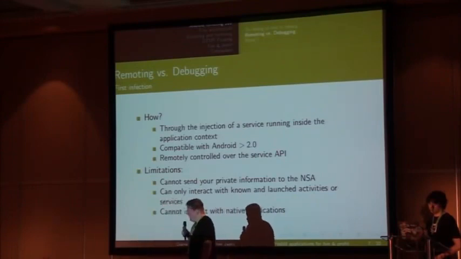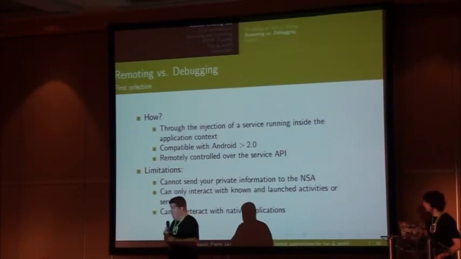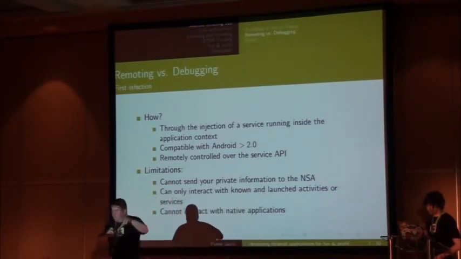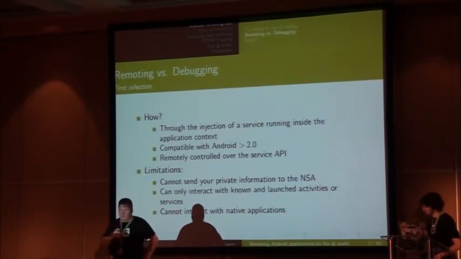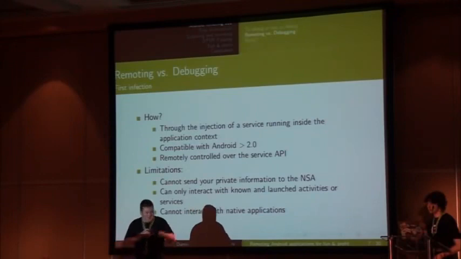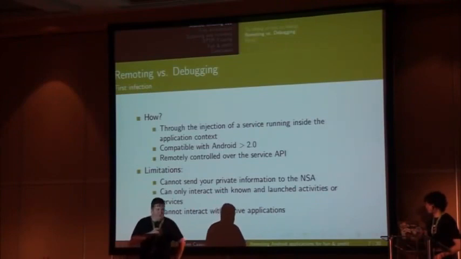It's a way to remote control an application, but we need this service to be injected in order to take control of the application. It's a kind of Meterpreter for Android applications. We are just injecting a little piece of code inside the application and communicating with this piece of code to do whatever we want with the application.